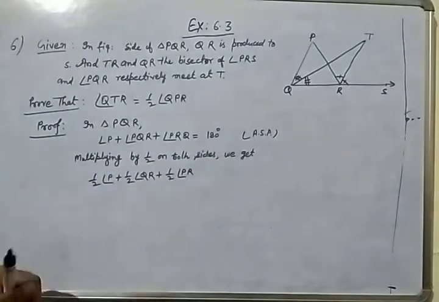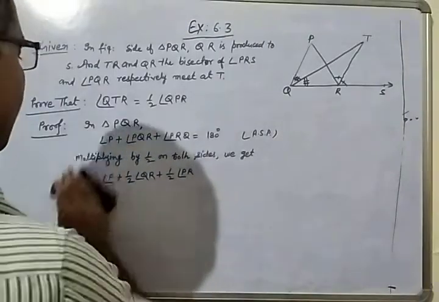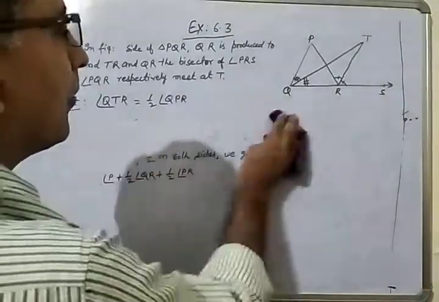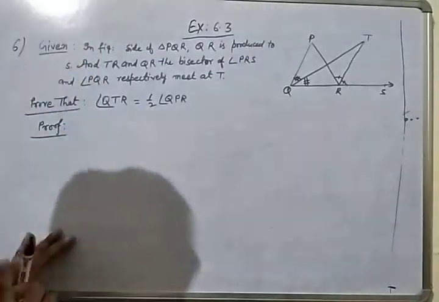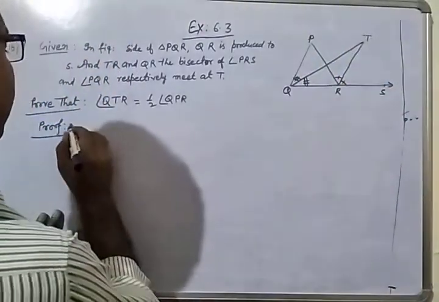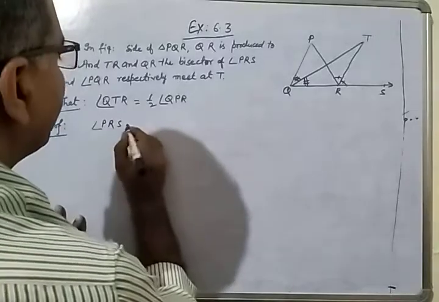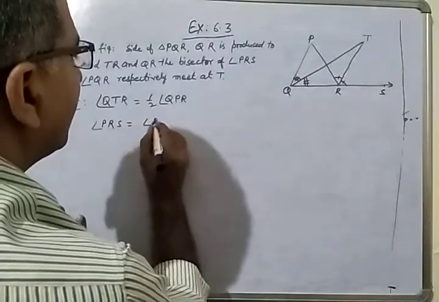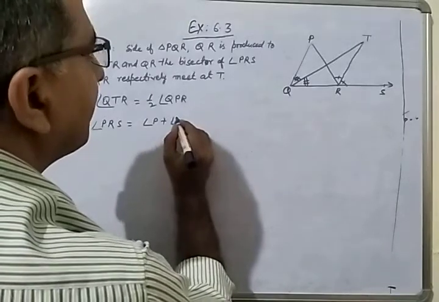Sorry, very sorry. We will solve this by the exterior angle property. By the exterior angle property, angle PRS is equal to angle P plus angle PQR.